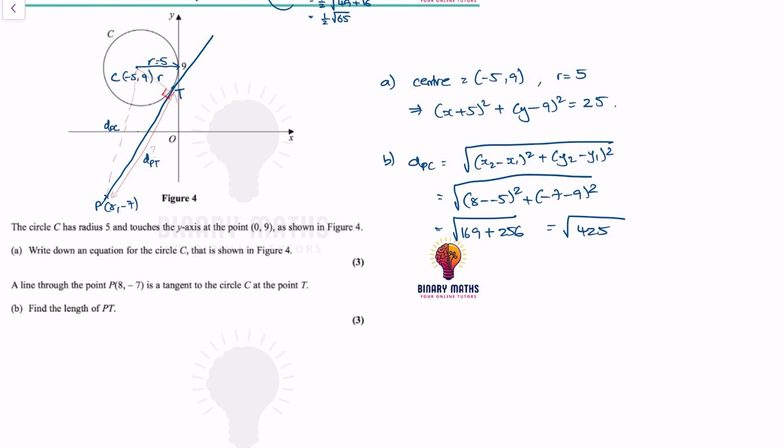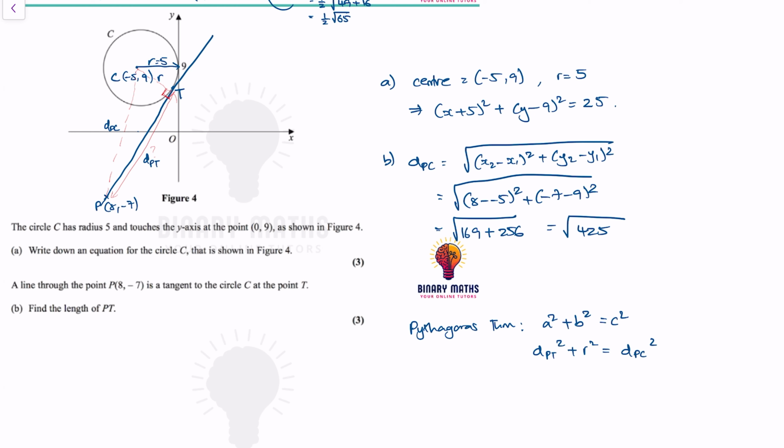Then I know according to Pythagoras theorem, a squared plus b squared is equal to c squared, that PT squared plus r squared must be equal to PC squared.